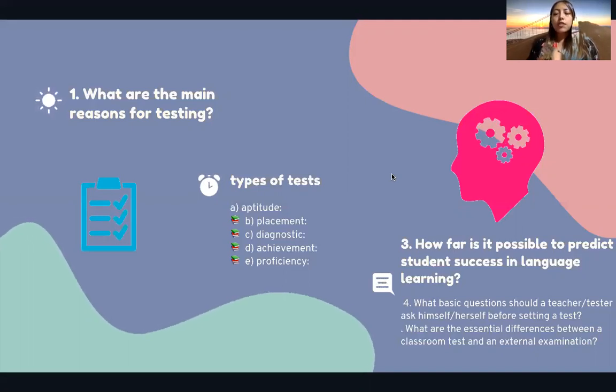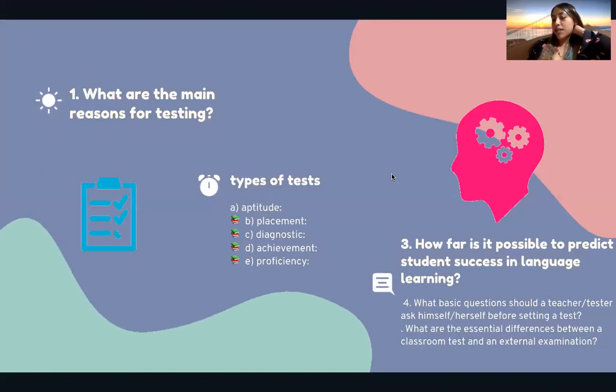What basic questions? Well, some questions that we could consider are the individual's ability of the learner and the main factors such as age, education level, language background, etc. Maybe the purpose of applying the test and what we are looking for by applying it.